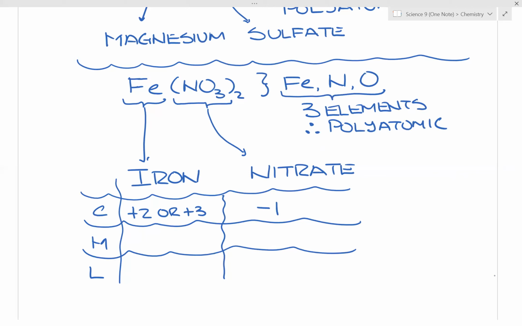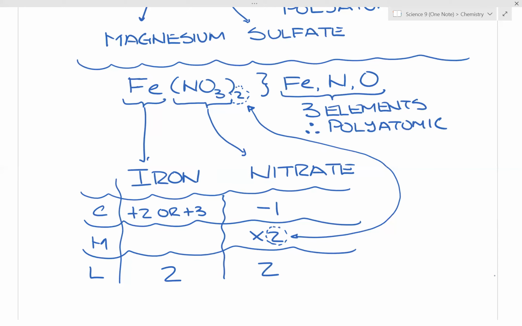Now the multiplier here is 2. How did I know the 2? Because of this 2 that's on the outside. So now -1 times 2 is 2. Again, don't worry about the negative or positive. So for iron, the LCM must be 2.